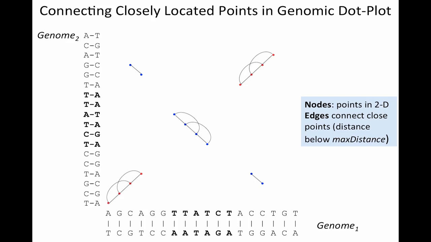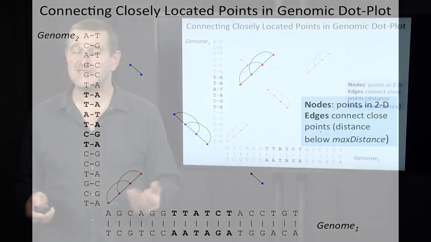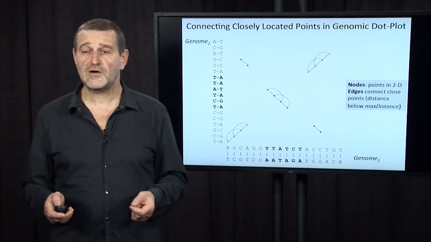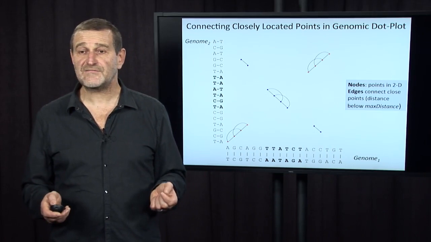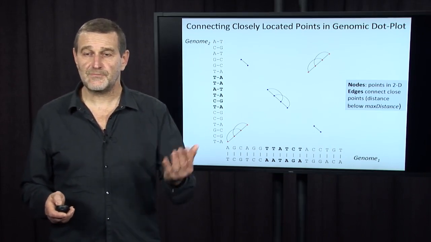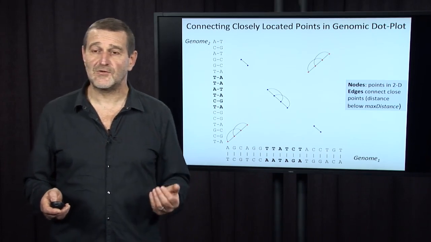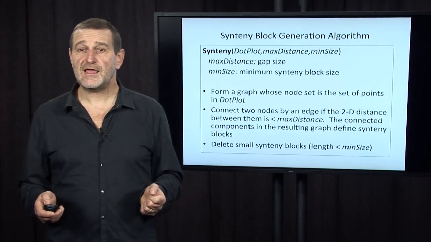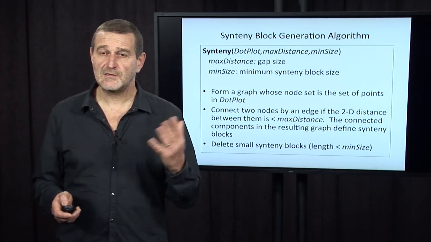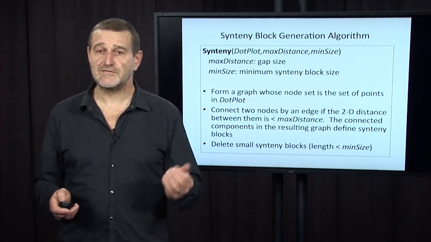Moreover, we probably should ignore very small connected components, for example, a component located in the upper right corner and lower left corners, but the three remaining components should be accepted as Synteny blocks in our genome. And therefore, I offer you the following algorithm for solving the problem.